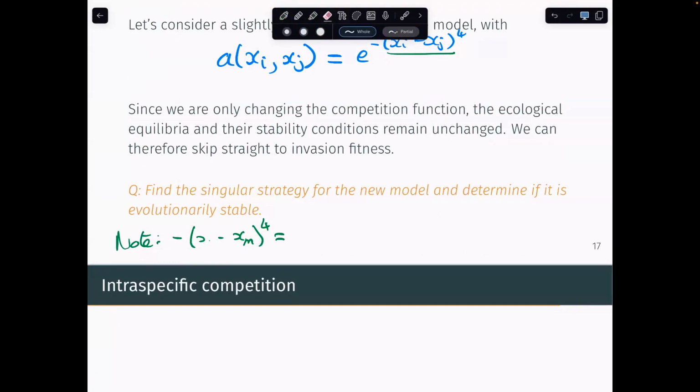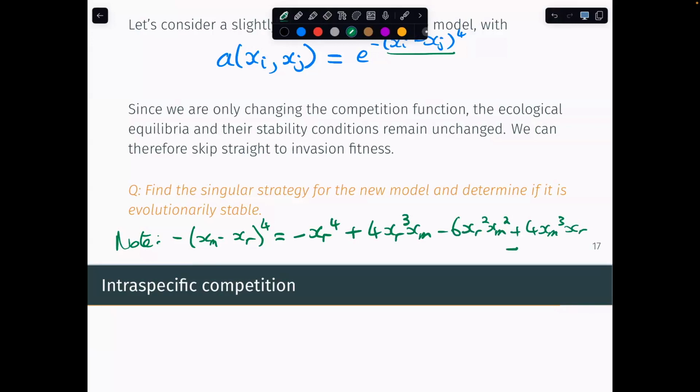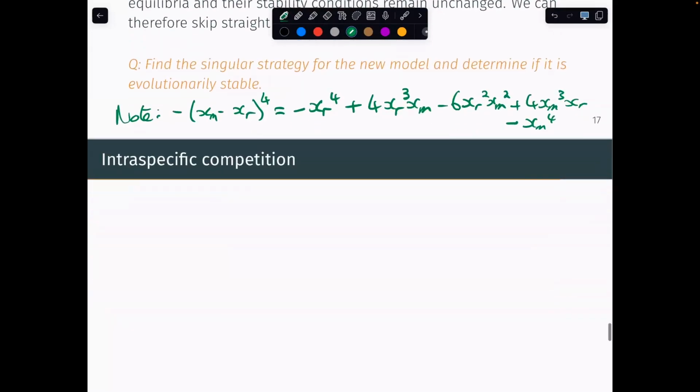We'll write it as XM minus XR. If we expand this, we're going to have a minus XR to the 4 plus 4 XR cubed XM minus 6 XR squared XM squared plus 4 XM cubed XR minus XM to the 4. I think I've done that correctly. That's just expanding that because we'll need it later on.